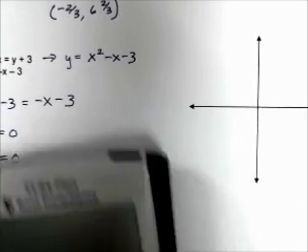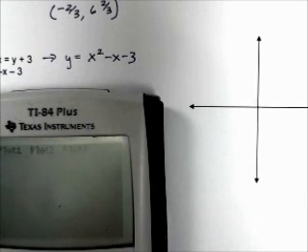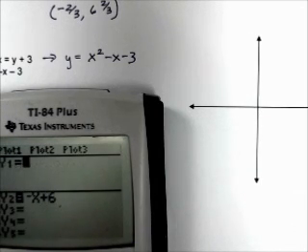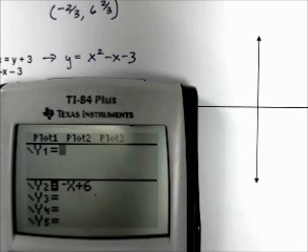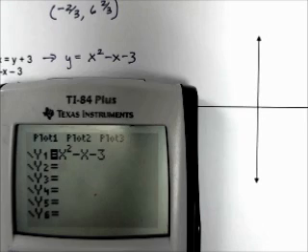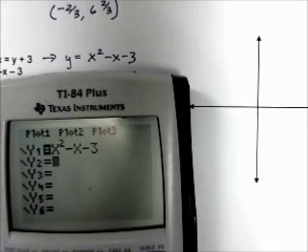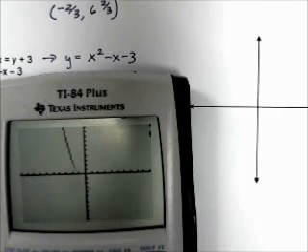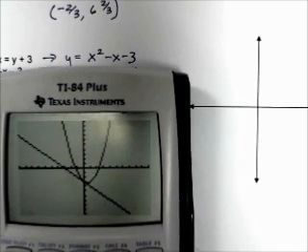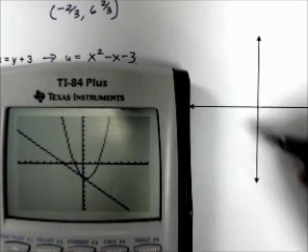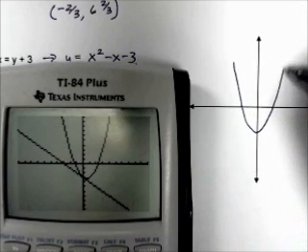Let's look at the graph. All right, y equals x squared minus x minus 3, and negative x minus 3 is our second equation. There's our parabola, and there's our line. And see how they intersect at only one point.